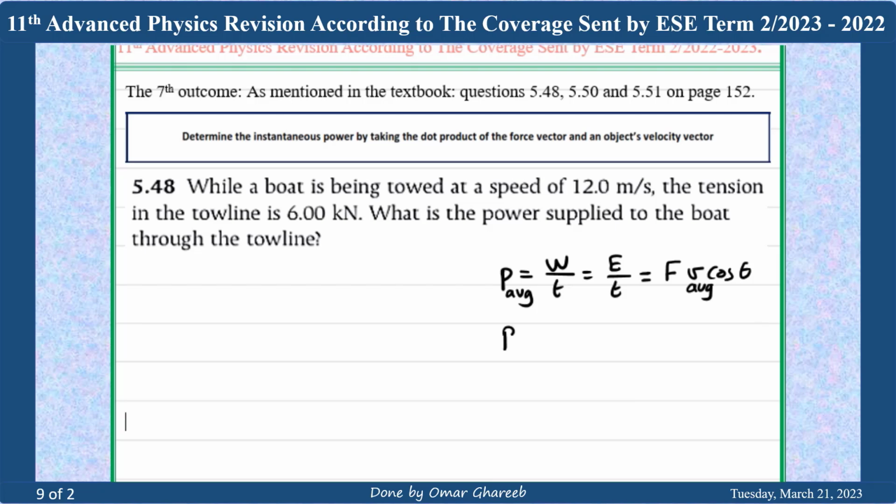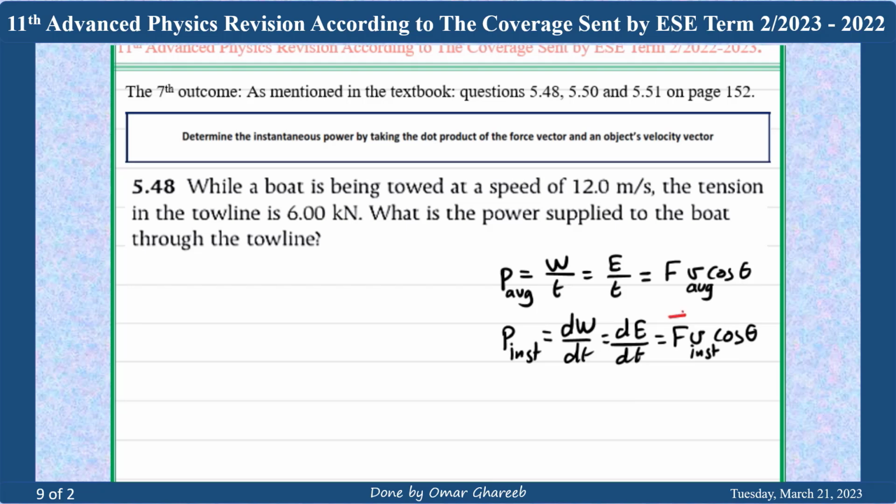But if you need instantaneous power, you cannot do W over t. You can take the derivative, dW/dt, the derivative of energy with time. But if you need to find it with the force, it is F times instantaneous velocity times cosine theta. In general, for machines, theta equals 0. Why do we use cosine theta?